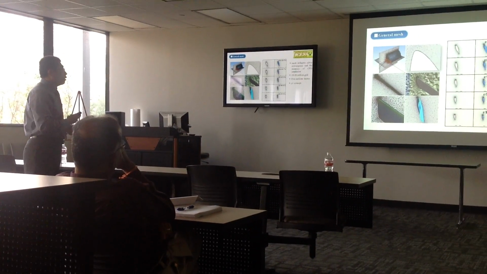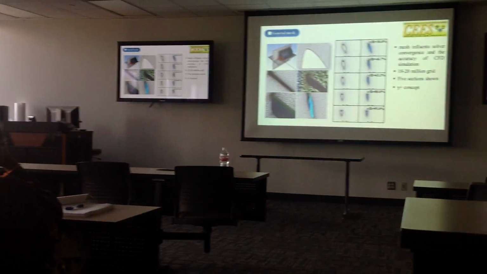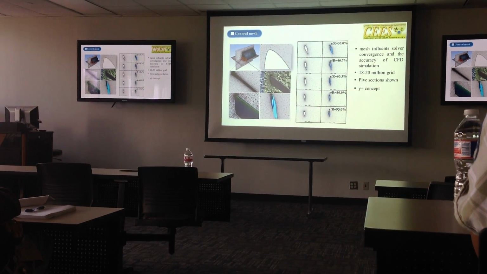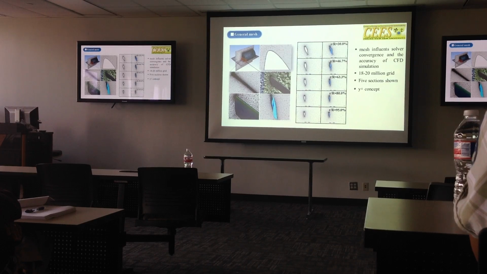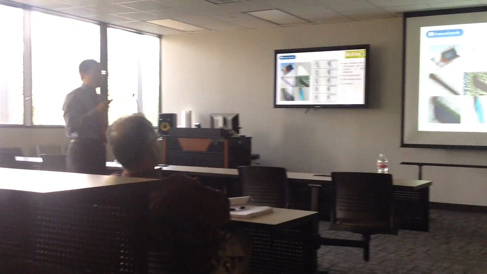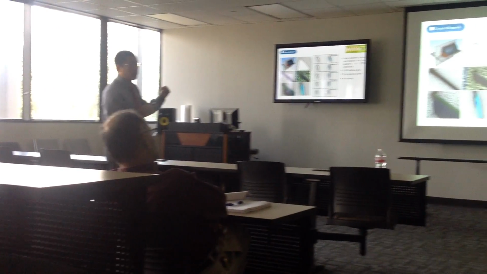The mesh also has a great influence on the accuracy of the simulation and on the solver convergence. In our case, around 80 to 20 million grid cells are used for different cases.